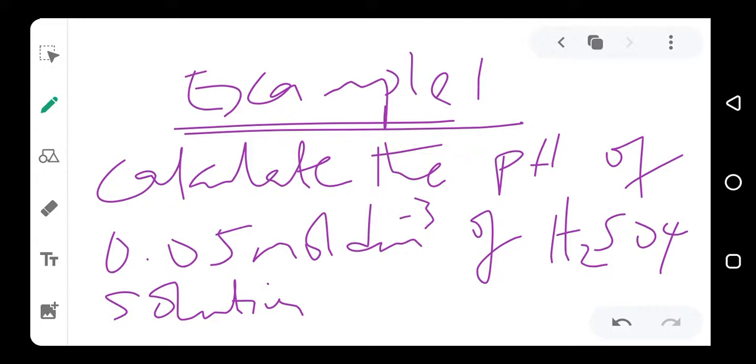Calculate the pH of 0.05 mole per dm cube of H2SO4 solution.